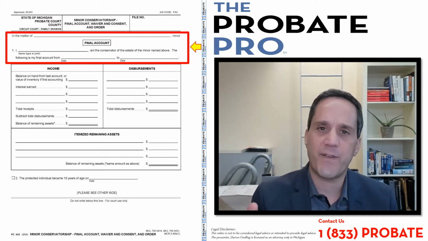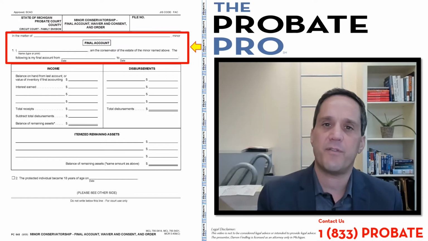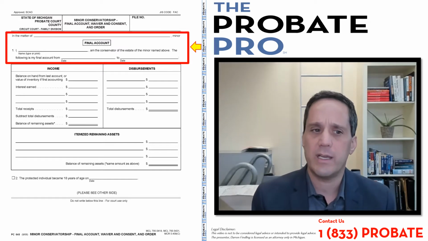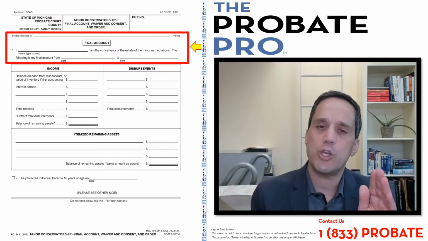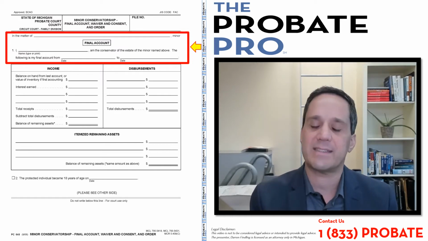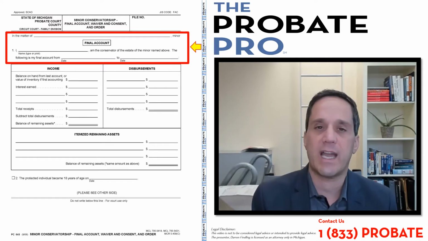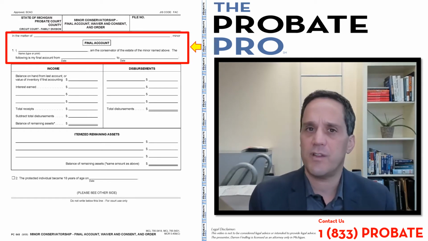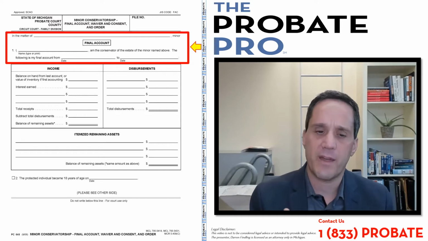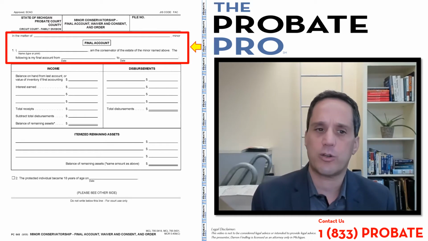Usually the date on the far right is going to be the 18th birthday, the date upon which they have achieved the age of majority. The date on the left is usually the date following the last accounting that has occurred, or if this is the first account, then the date of the conservatorship letters when they were issued. So again, picking the dates are really critical here.